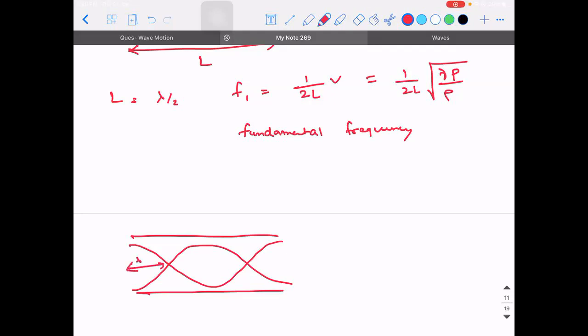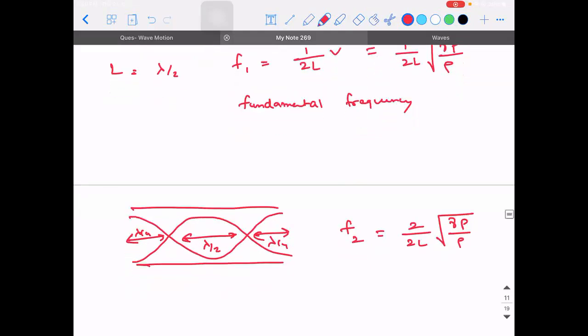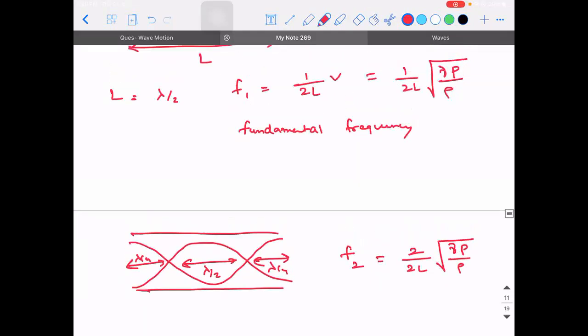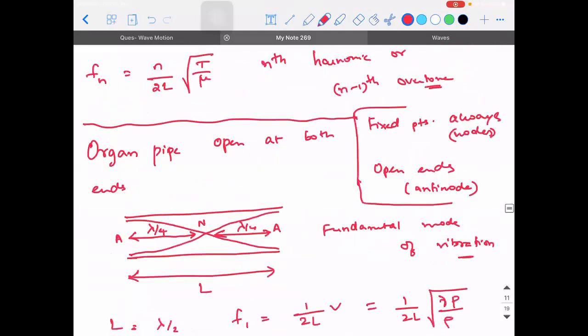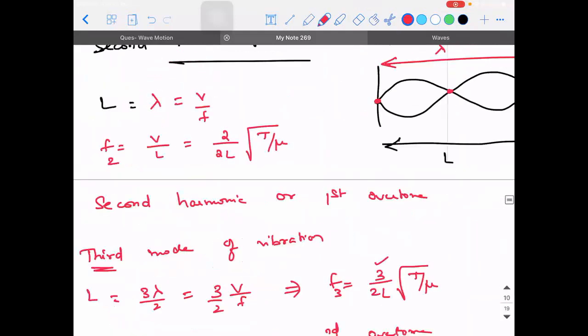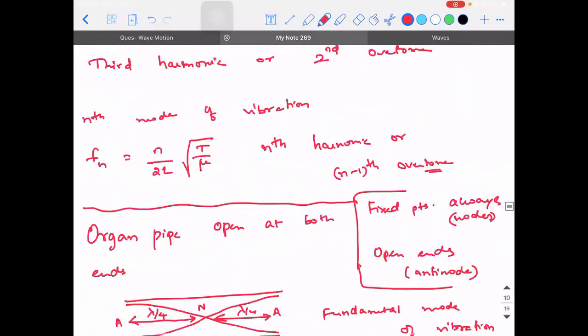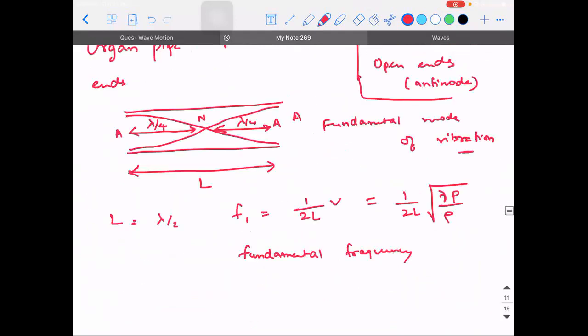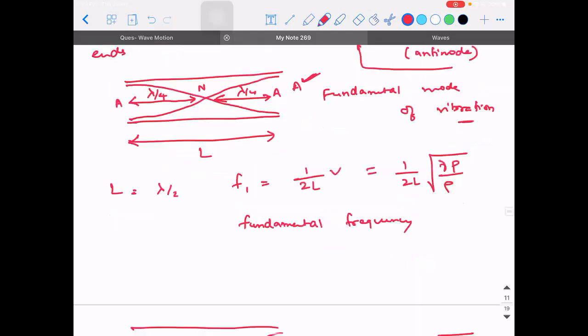So this distance is lambda by 4, this distance is lambda by 2, and this distance is lambda by 4. So if you calculate the frequency, F2 will come out as 2 divided by 2L into root of gamma P by rho. So what I'm trying to conclude here is, in the case of a string which is fixed at both the ends, the fixed ends have nodes. Whereas when it is open at both the ends, you have antinodes on both sides.